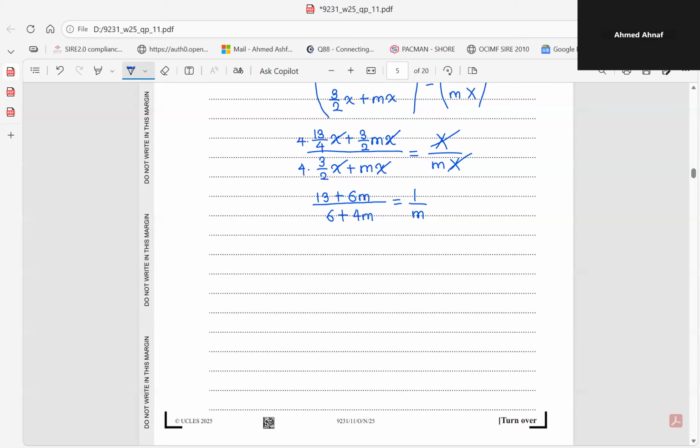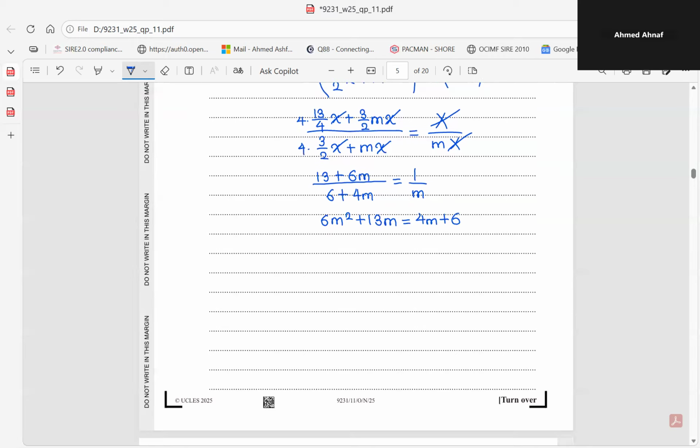Yeah, so now just solve this as usual, cross multiply. So 6m squared plus 13m equals to 1 times 6 plus 4m, so 4m plus 6. Move everything over to the left-hand side, 6m squared plus 9m minus 6 equals 0. Divide both sides by 3.